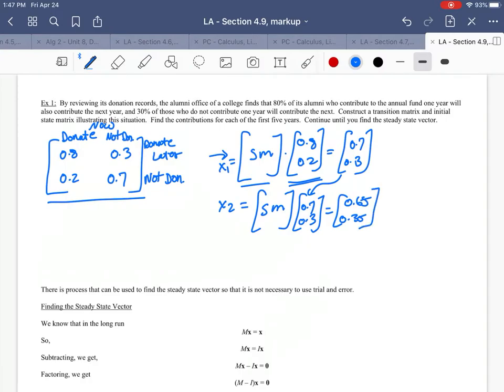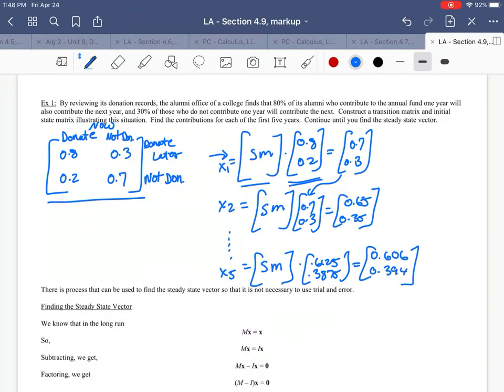Okay, all right. So the first 5 years. So basically you keep doing that. I'm not going to show you all of them. But anyway, when you get to X5, you still have your stochastic matrix. And X4, the answer was 0.6125 and 0.3875. So my final answer for 5th year is 0.606 and 0.394.